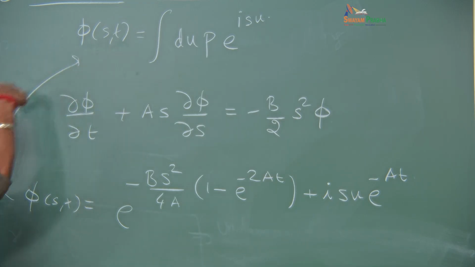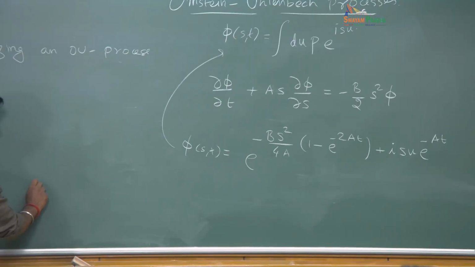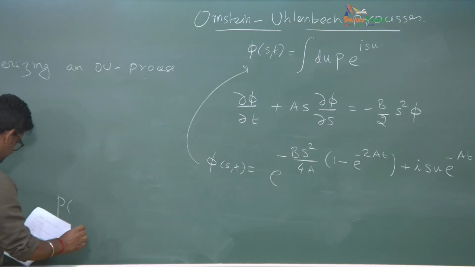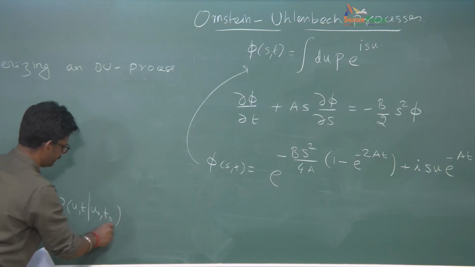So we do the inverse Fourier transform to get p of u comma t with the initial condition u naught at t naught.